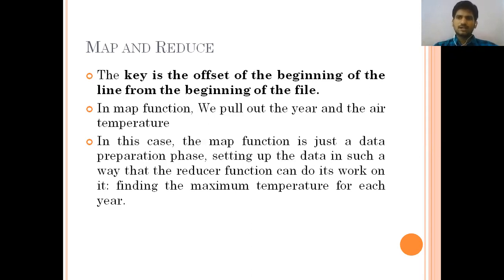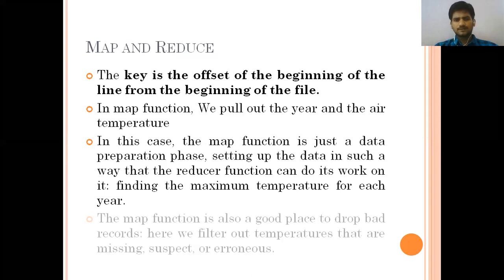So the key is common and the value is changing. Similarly, in the earlier example Hadoop appeared 3 times and another word 2 times, based on the input text. Here also, our reduce function's job is to find the maximum temperature for that particular key.